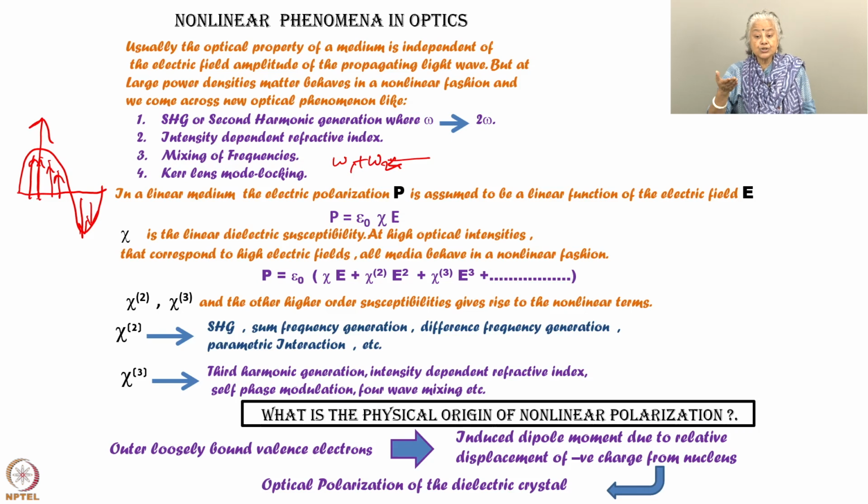What induces it? The electric field of the light induces it. All this is happening with the loosely bound valence electrons, and there is a displacement of charge from the nucleus. That gives rise to the optical polarization of the dielectric crystal.